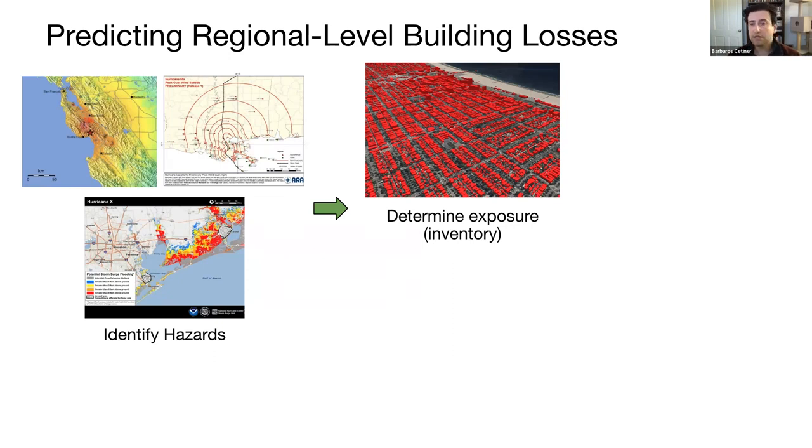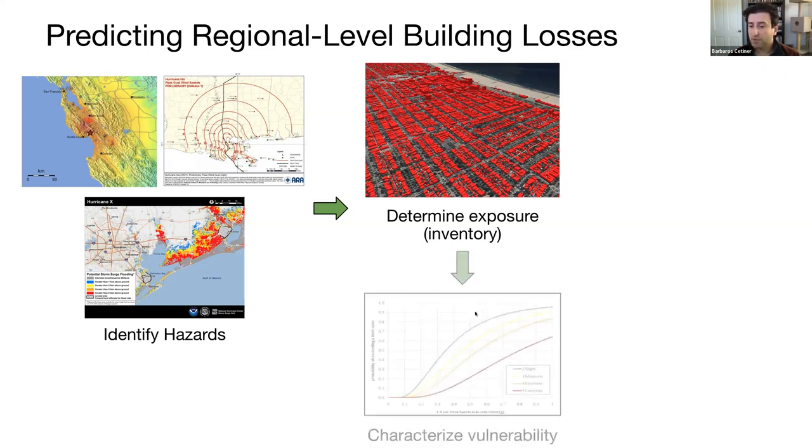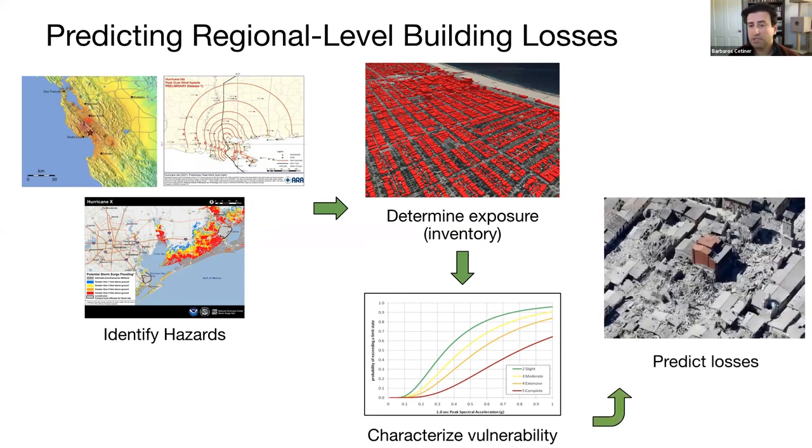And those hazards are typically coupled with some inventory information, which then is assigned to what we call fragility functions to figure out what kind of susceptibilities are in the infrastructure we're investigating. The end result will be predicting losses of this analysis, right?